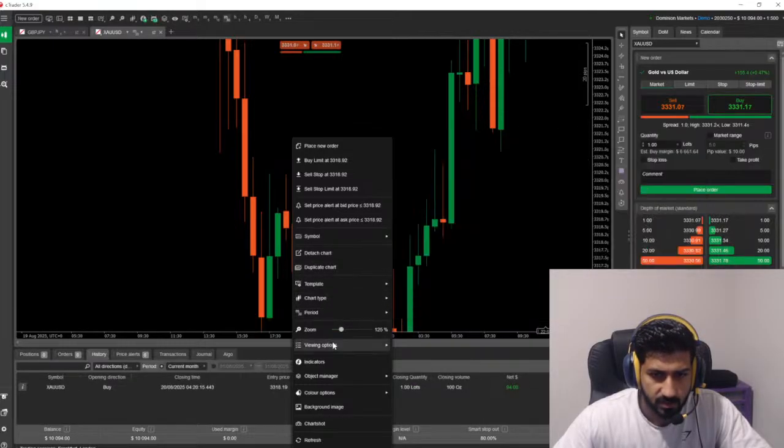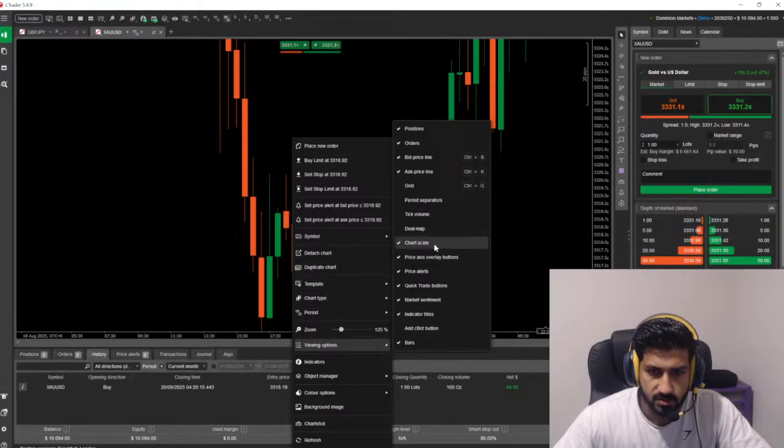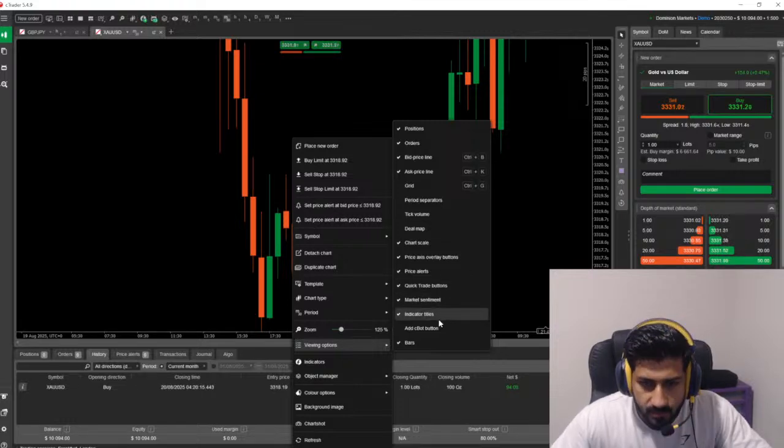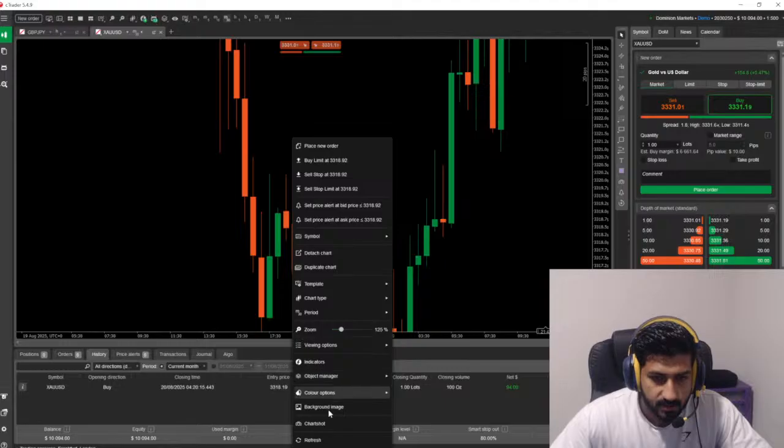Chart type, period, view option, positions, add cBot button, tick volume, period separators, grid, orders, chart scale. I don't even know what some of these are, indicator titles.